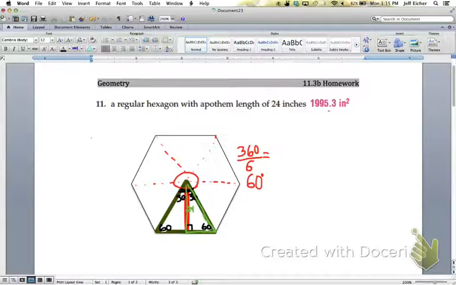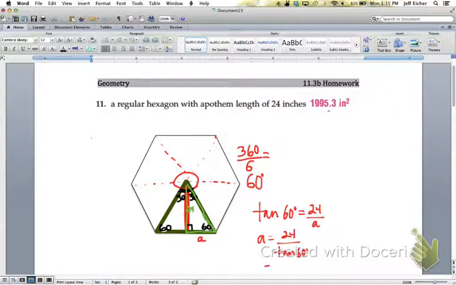Tangent of 60 degrees equals opposite, which is 24, that's the apothem, divided by, we'll call it A, the adjacent side. Solving for A, you would get A equals 24 over tan 60.